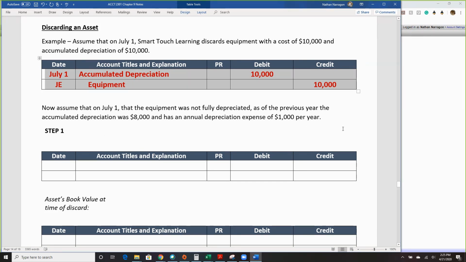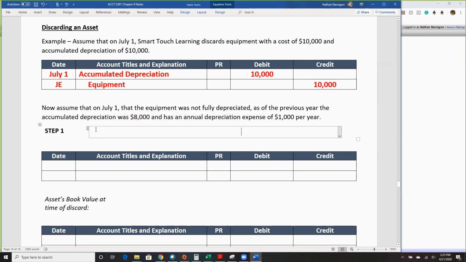So here's our partial. First thing we have to take into account again is how many months of the year we had it for. Since we're discarding it on July 1st, that would mean we would have it for 6 months.